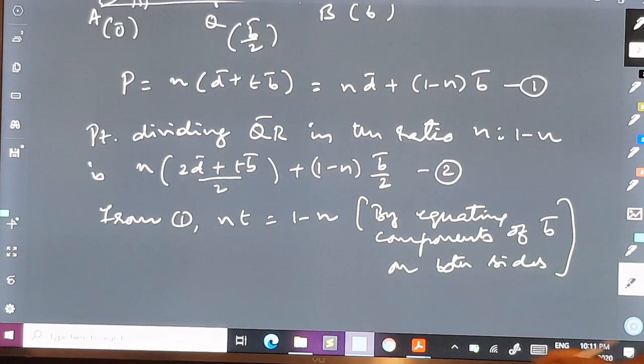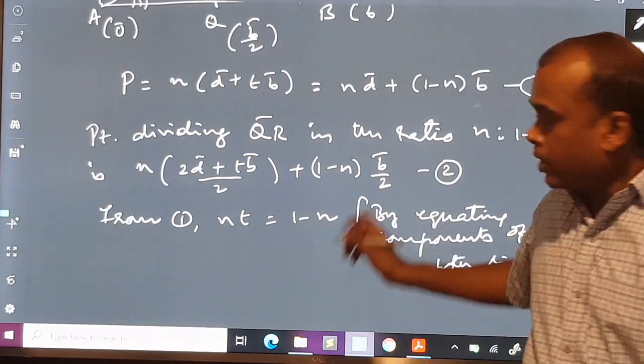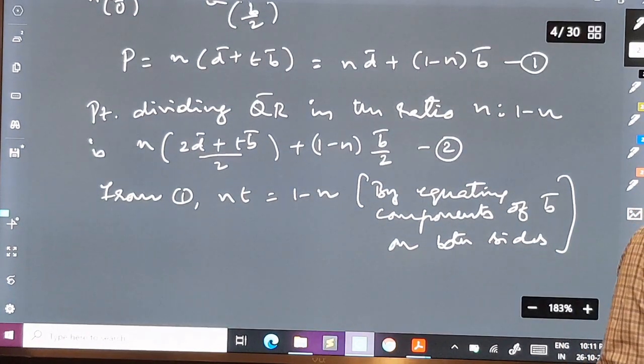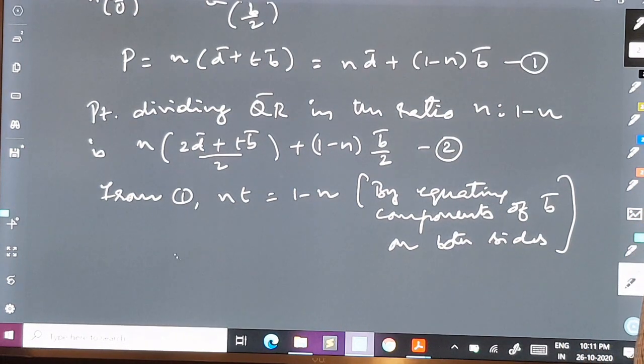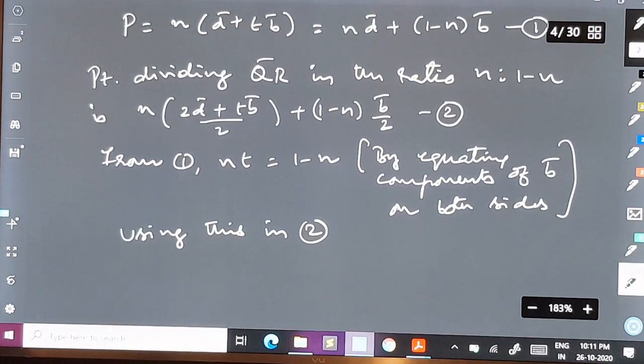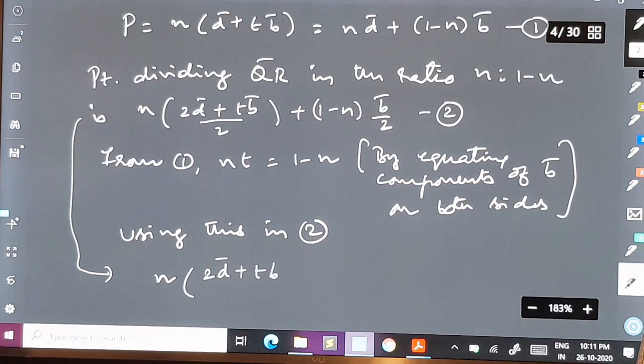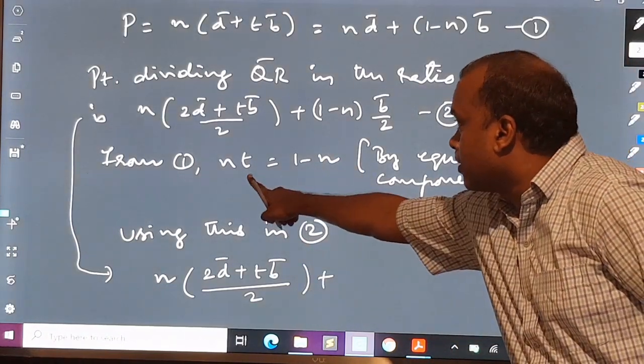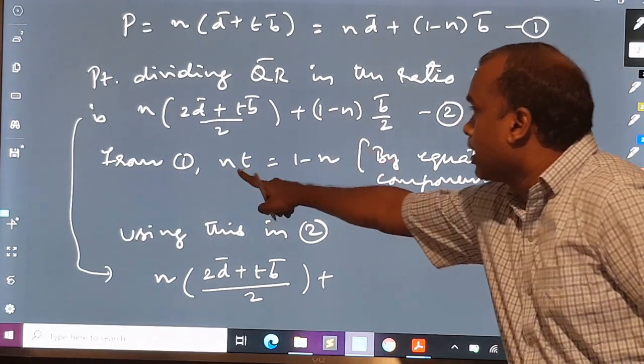Now I am going to use this in 2. Using this in 2, this point, whatever I am finding, is nothing but n into 2D bar plus TB bar by 2 plus, in the place of 1 minus n, I will write nt.